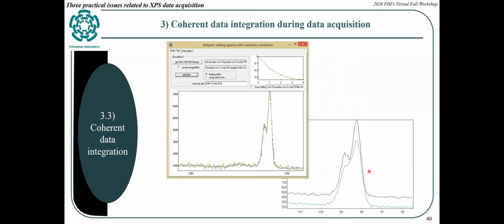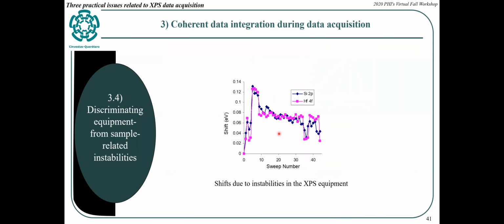So this is an important fact. It might be important. So you can discriminate equipment-related shifts and sample-related shifts. In this case, it is an equipment-related shift because both hafnium and silicon just get the same shift. So you can blame here the equipment and probably the monochromator.